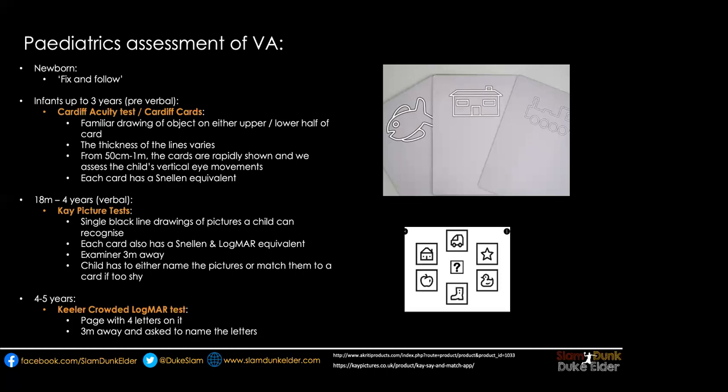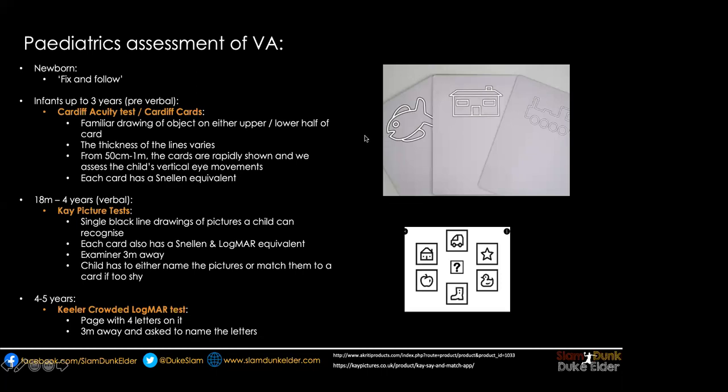For children a little bit older, they have a picture on a card, with different thicknesses of the lines in the picture. And so what you're assessing is whether the child is looking at and able to appreciate the picture. So are their eyes looking up or down?